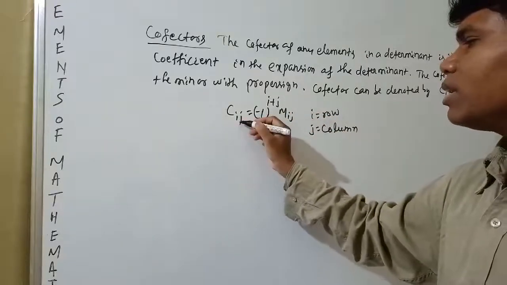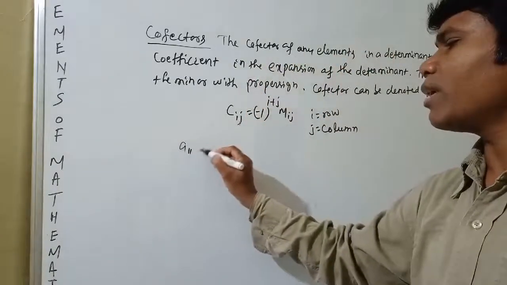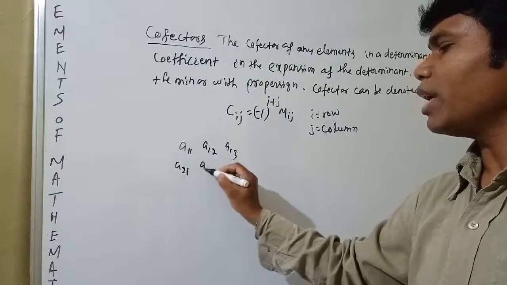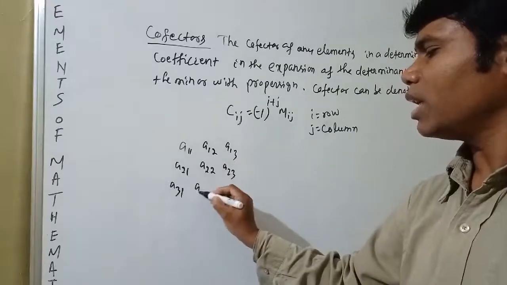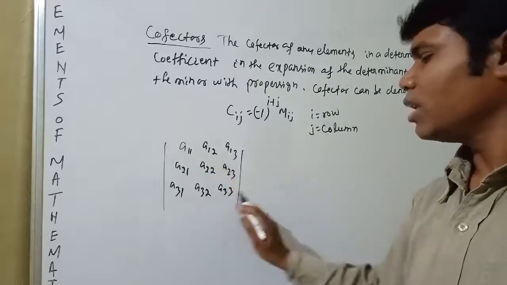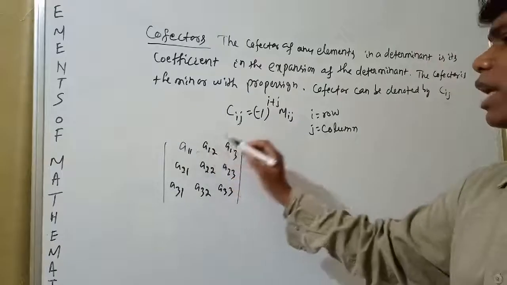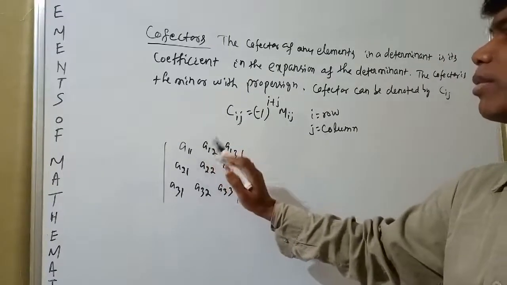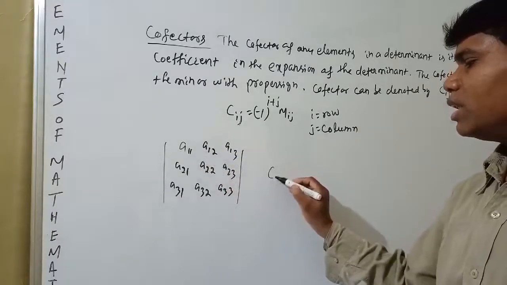That means the cofactor of any element. Suppose we have a11, a12, a13, a21, a22, a23, a31, a32, a33, and suppose this is the determinant. So the cofactor of a11: i is equal to 1, j is equal to 1. Understood my point? That is C11.